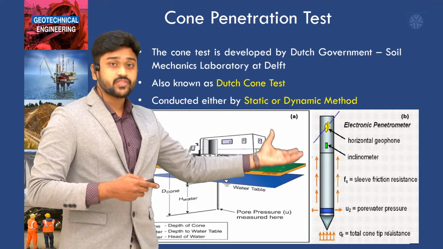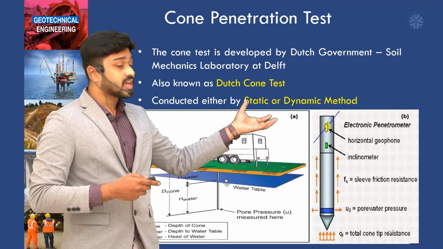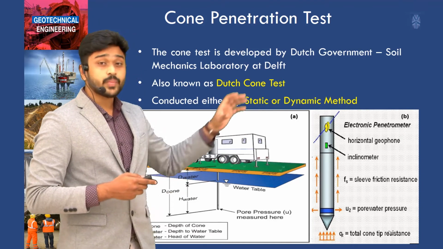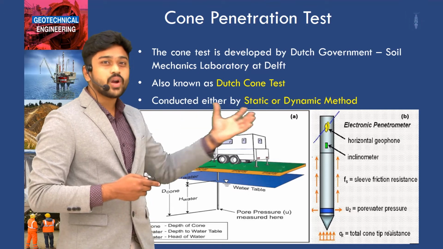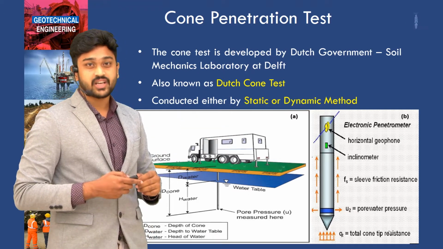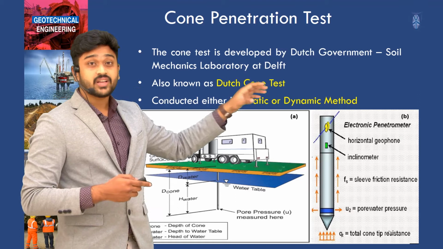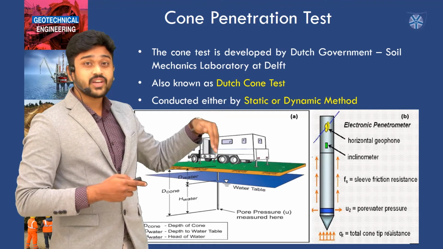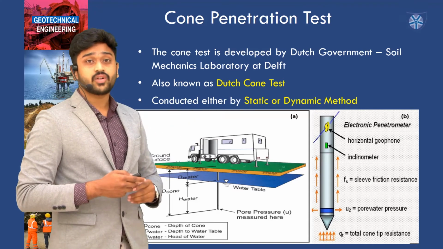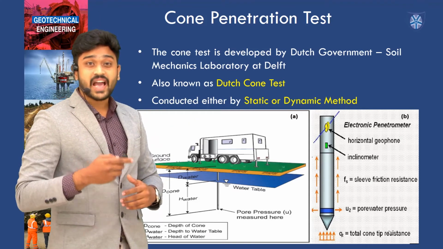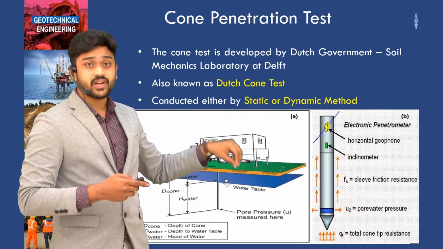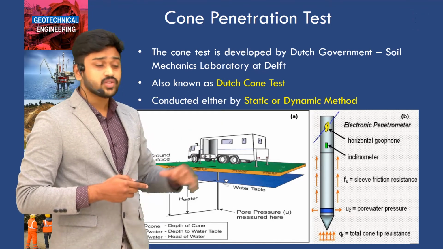It may be of a certain depth and it contains geophones as well as an inclinometer. The purpose of the geophone is to record the velocity along the particular region. The inclinometer is needed since we penetrate into the soil, so we need to check whether it is aligned in the vertical direction or not. The inclinometer measures how much inclination it makes while penetrating the soil. That is the purpose.